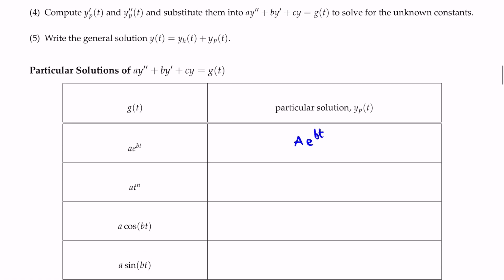Now, another type of function that you may encounter is polynomial functions, or in this case, power functions. When you see a power function, you have to make a guess for the particular solution using the entire polynomial.